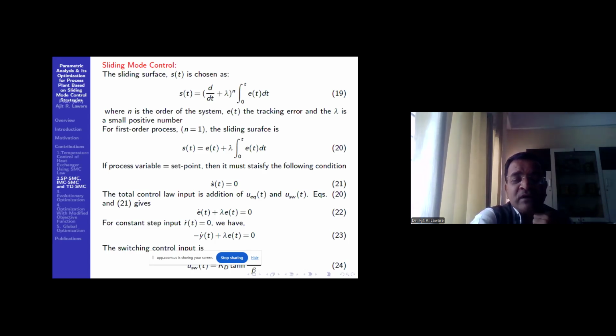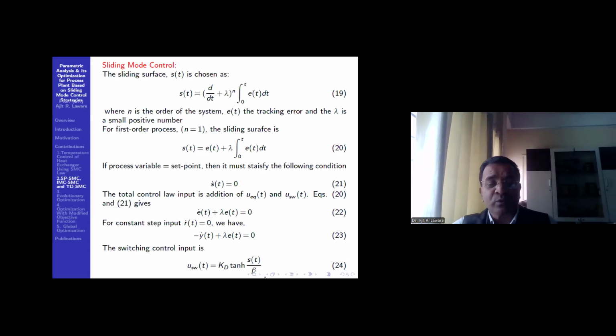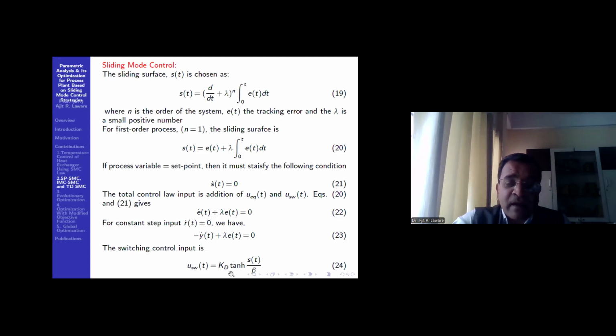And if you apply the step input as r(t), then its first order or second order derivative is always 0. And we have this very important expression represented by equation 23, minus y dot(t) plus lambda e(t) equals 0, and the switching control input is a tangent hyperbolic function over there, where Kd is the switching gain, s(t) is the sliding surface, and beta is the boundary layer thickness.